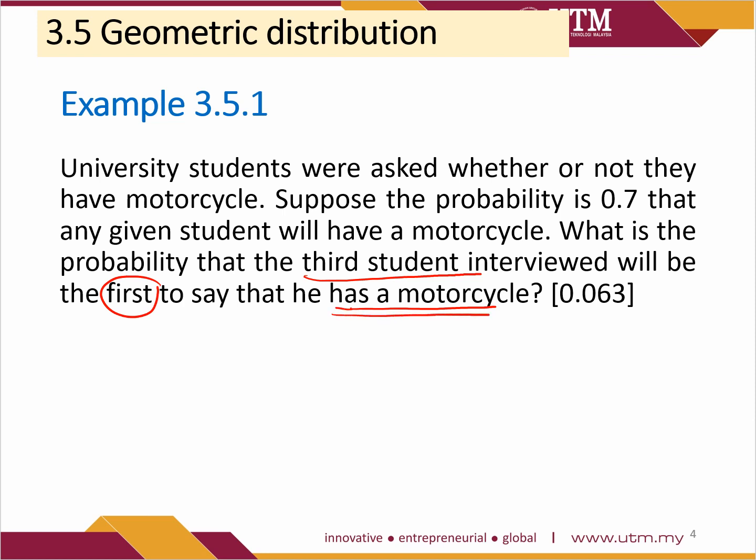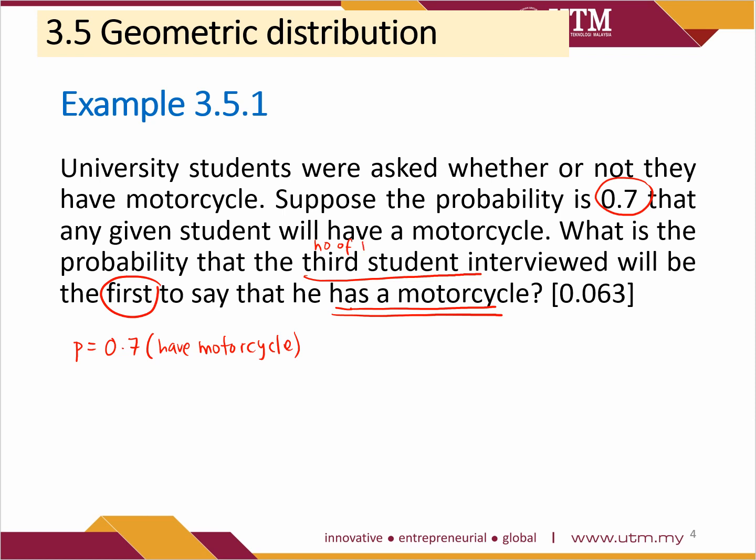Our probability of success is that the student has a motorcycle, so p is 0.7. Now, the third student interviewed will be the first to say, so the number of trials would be the third student.